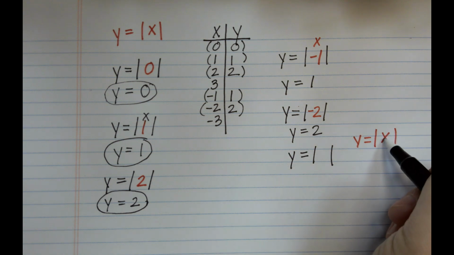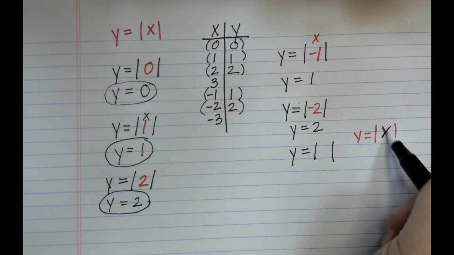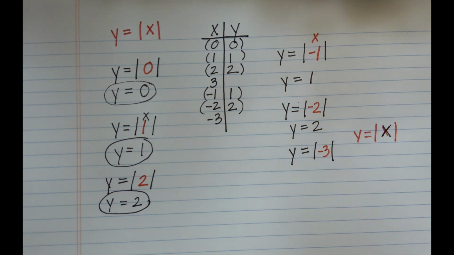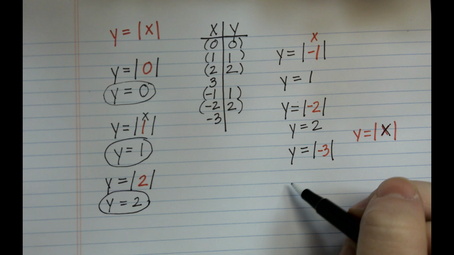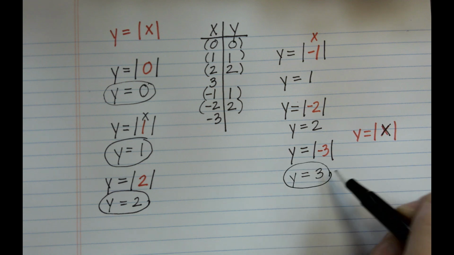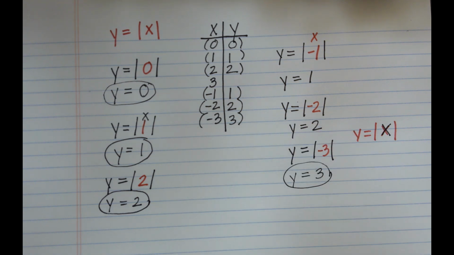All I'm doing is replacing x with these numbers. I'm going to replace x with -3 this time. So whenever x is -3, y is what? Positive 3. It's just the basic rule: flip, flop.